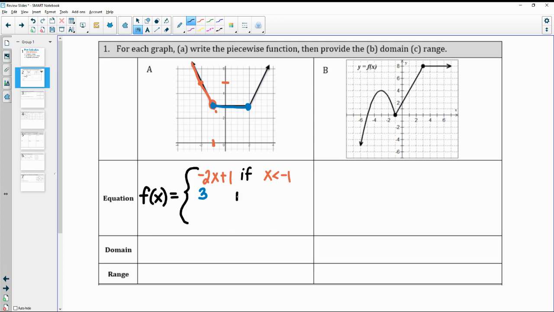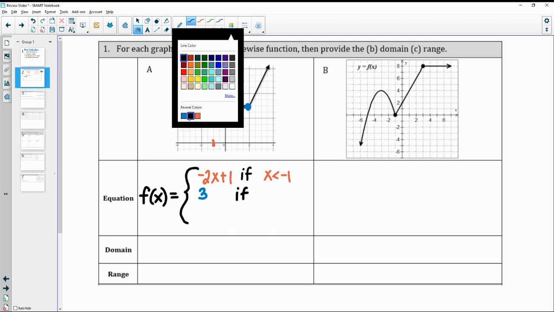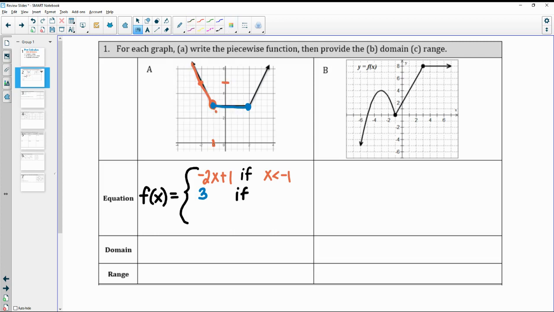And the domain here, it is at 3 between the x values of -1 and 2. So -1 is less than or equal to x is less than or equal to 2. And again, I chose to do closed circles on this middle part here.